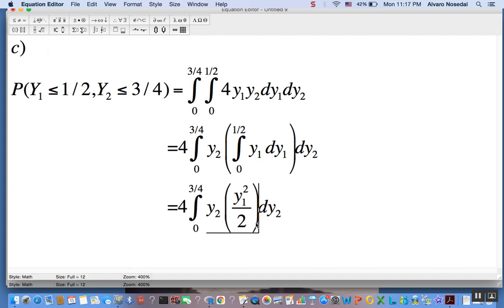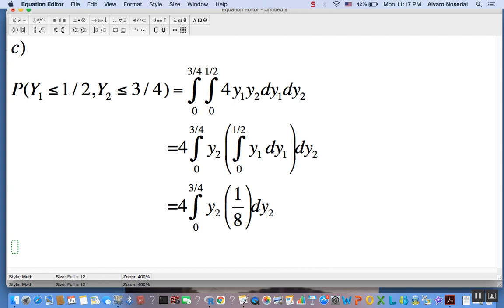And we want to evaluate at 1/2 and at 0. If we evaluate at 1/2, it's going to be 1/2 squared, which is 1/4, times 1/2, which is 1/8, and then minus 0 squared divided by 2, which is 0. So in the end we have just 1/8.